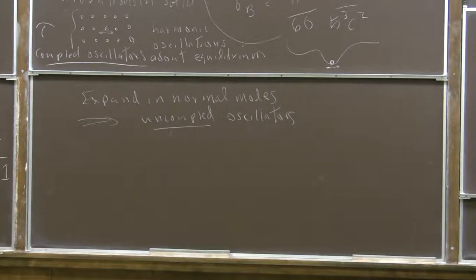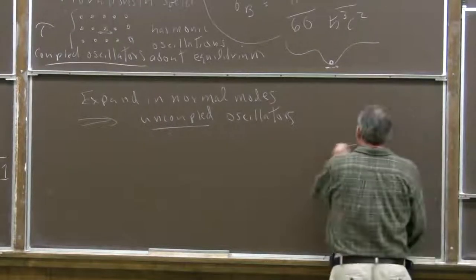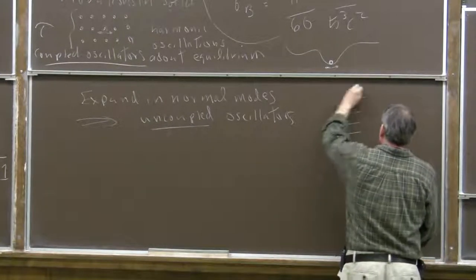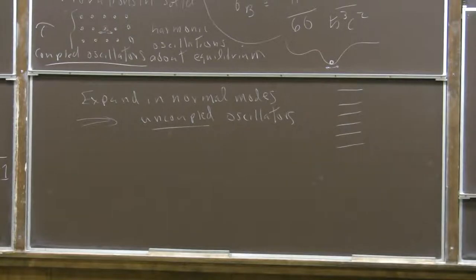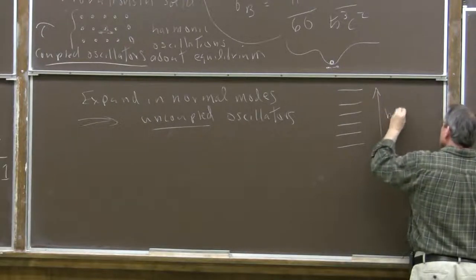And what do we call the oscillations in a crystal? Yeah, I mean, it's sound, right? And when we consider any one of the normal modes, it's just a harmonic oscillator.